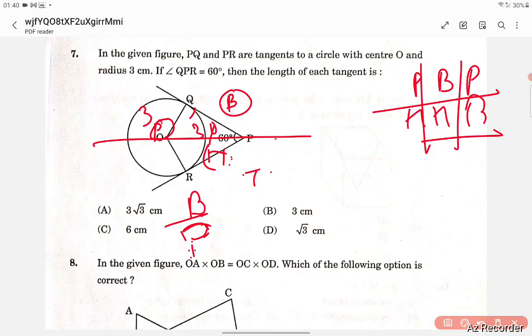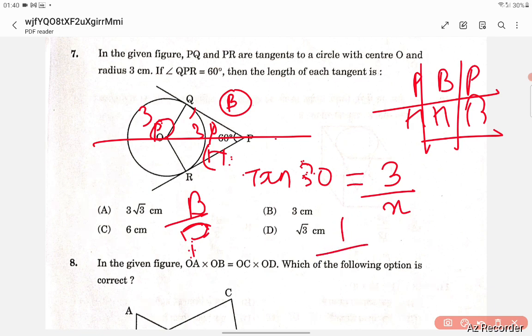So tan 30 I'm taking. Tan 30 is perpendicular upon base. Perpendicular is 3, base is x, we are supposed to find. So 1 by root 3 is equal to 3 by x. So the tangent is 3 root 3 centimeters. Option number A.